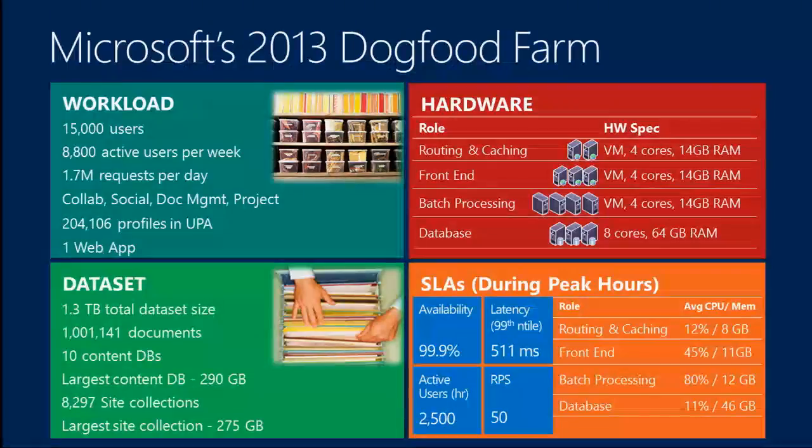In our batch processing layer, we have 4 VMs. They're running pretty heavily utilized. We have things like the search crawl requests. When you need to crawl 1 million documents, you have to do a lot of requests. We have heavy lifting timer jobs that also run in there. And so these machines are actually running pretty hot on resources.